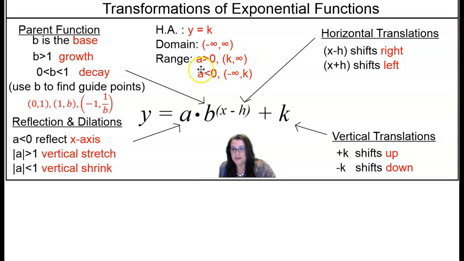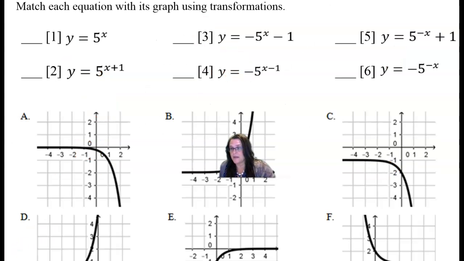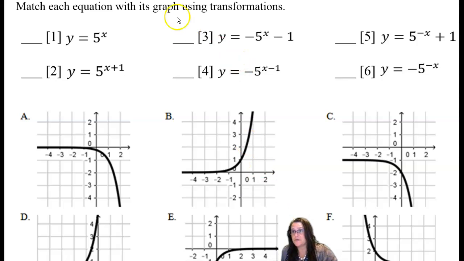If there has been a reflection and the a is negative, then the whole graph flips upside down and our range becomes negative infinity up to, but not including, that horizontal asymptote of k. So we're going to use these transformations in order to quickly match the graph of these functions to the equation that goes with it.